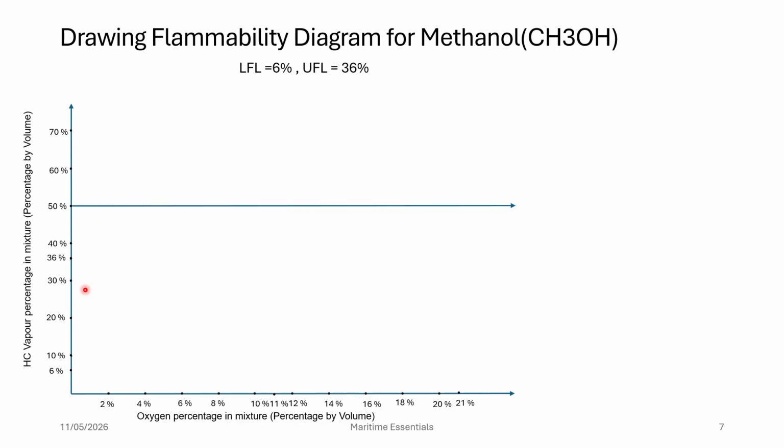Now you need to take a point. After discharging the methanol, you have sent your gas monitor and checked the hydrocarbon level, and you have seen that the hydrocarbon is 50%.